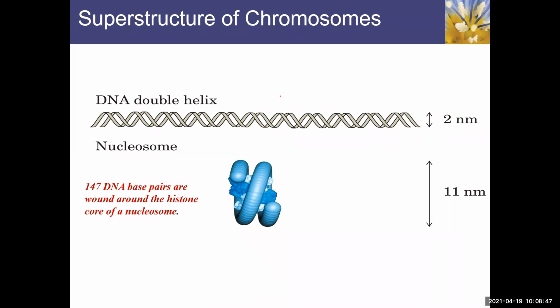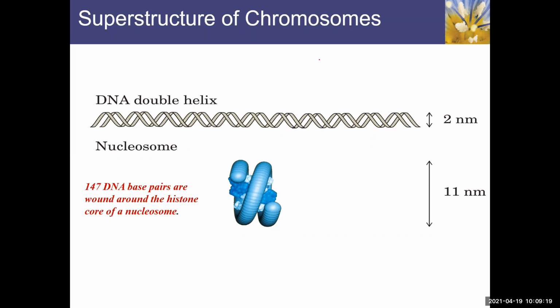Whenever we talk about the superstructure of DNA, you should know the double helix DNA, a short segment of DNA, wherein you have the nucleosomes. There are many nucleosomes stacked together forming the chromatin. We are not talking about replication or transcription yet.